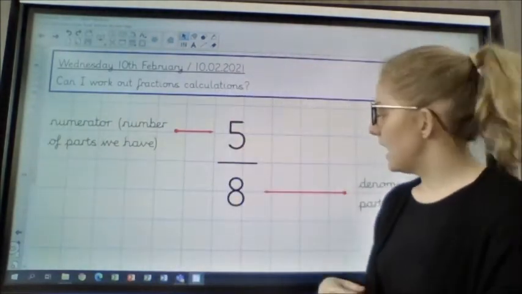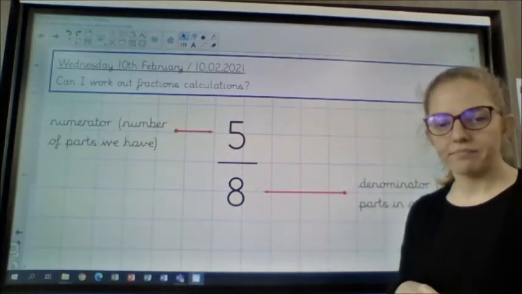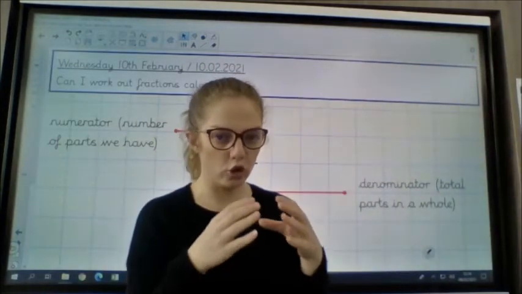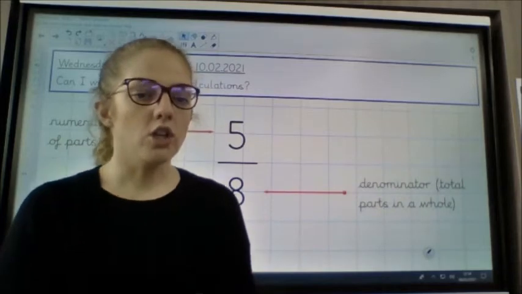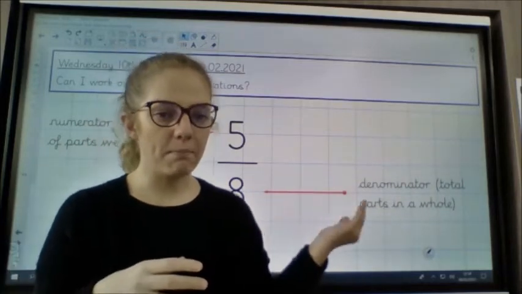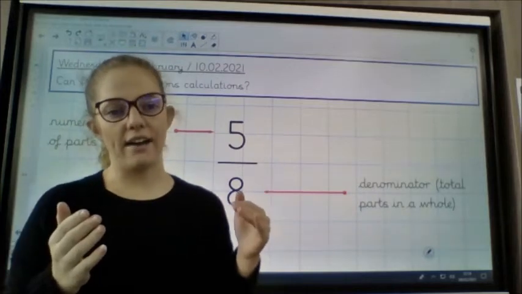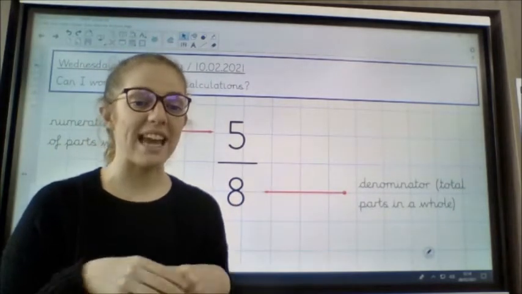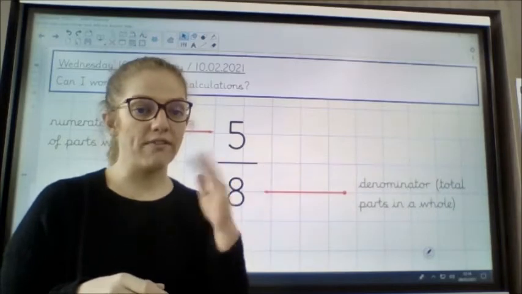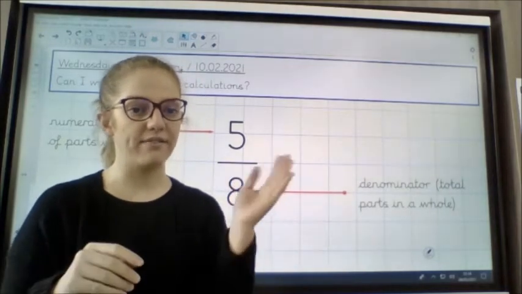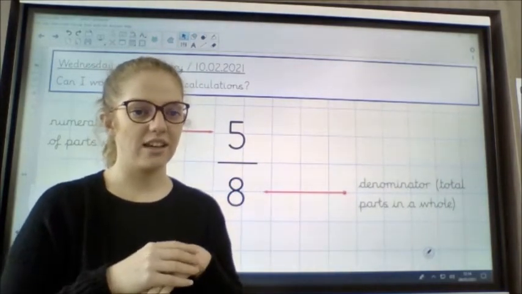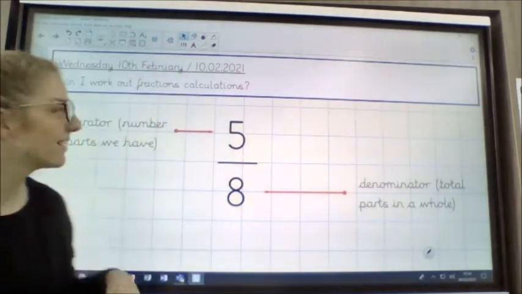Your denominator is the total number of parts in the whole. So if I had a pie and I had 5 slices left of my pie and it was cut into 8s, then it would be 5/8. So I would have 5 out of 8 slices. Hope that makes sense.